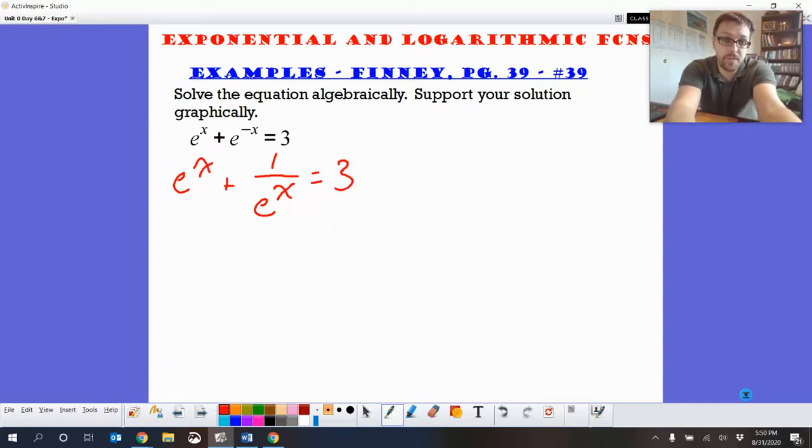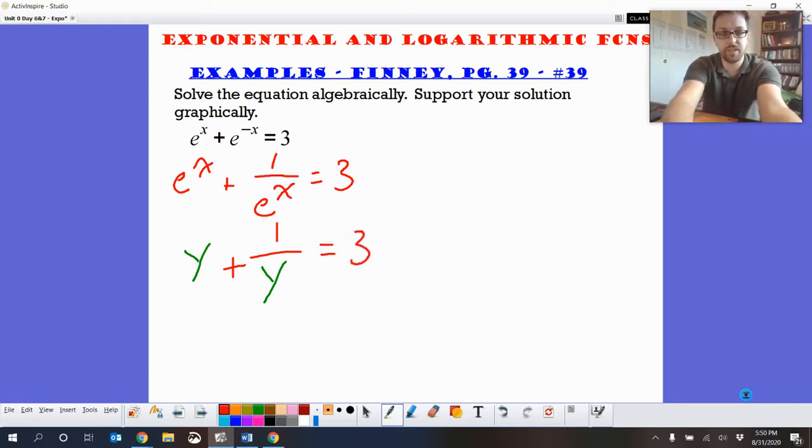The reason I want to do that is I'm going to use a substitution trick. So e to the x, I'm going to get sick of writing over and over again, so I'm going to substitute those for y's, and that'll make it a little bit easier to work with this problem.